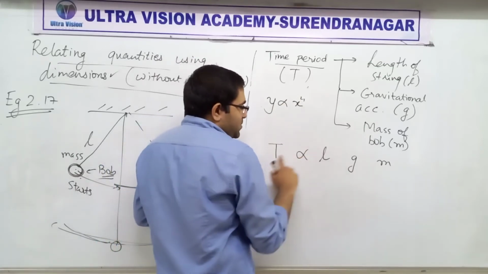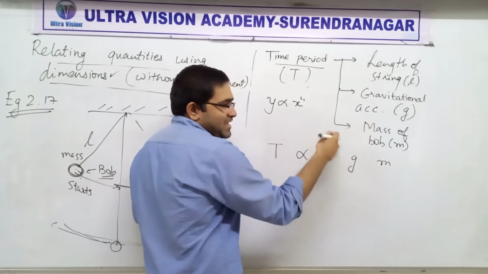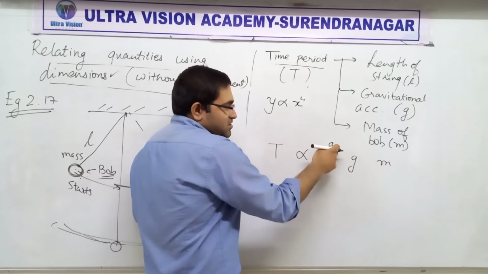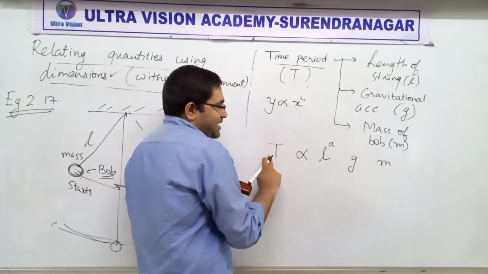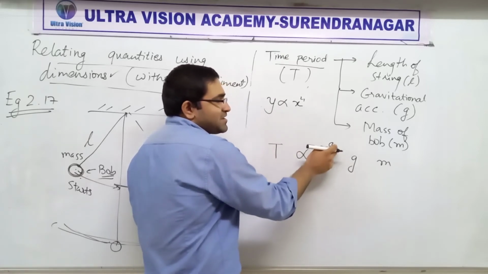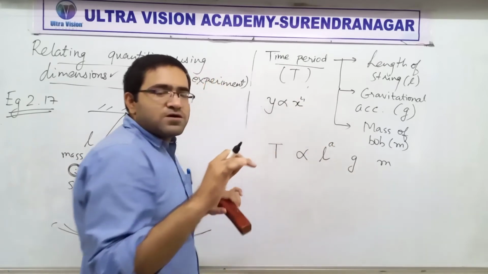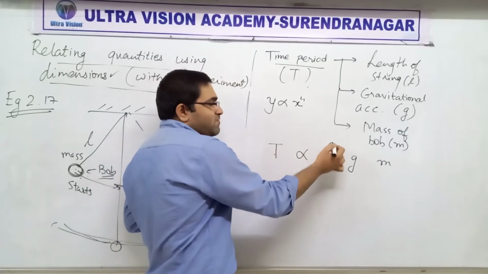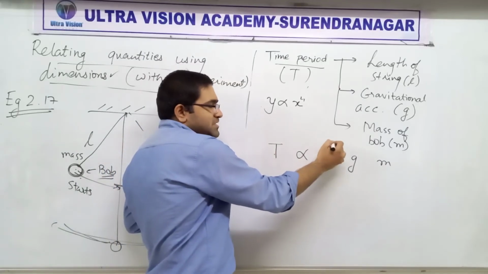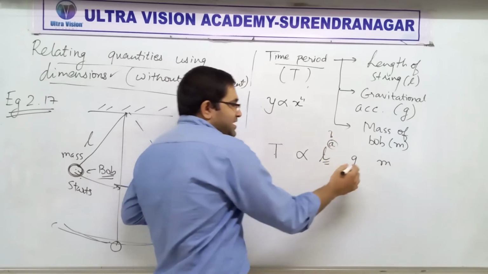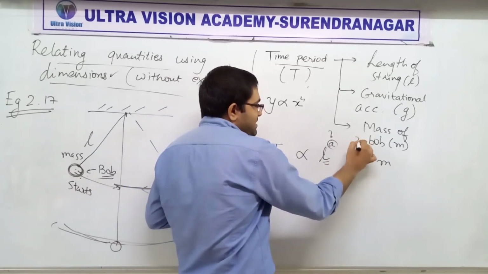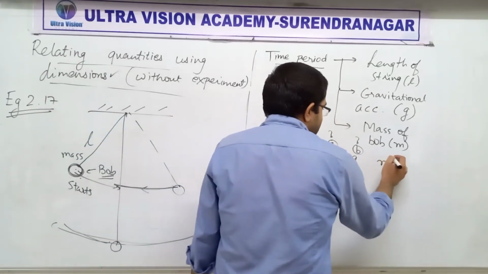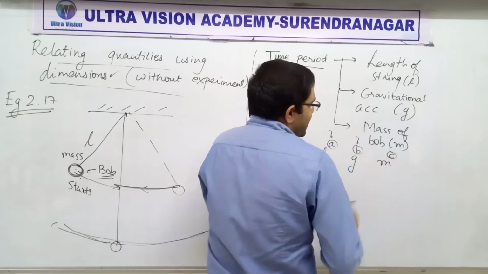So, like that, suppose time period depends on a power, a, which is unknown. If we knew it, we would not have to do anything. Suppose time period depends on L raised to a, some power of L which we don't know. Similarly, it depends on some power of g, that is b, and we also don't know b. And similarly, some power of m, that is c, and we don't know that also.